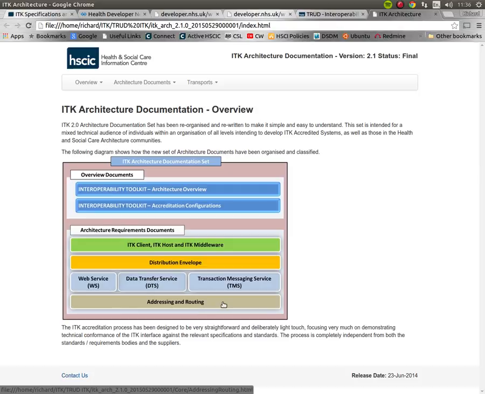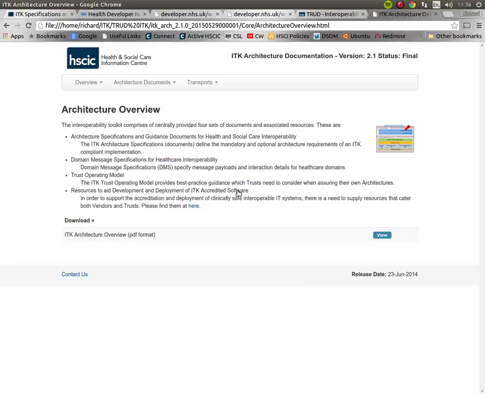I think the reality is that to date there aren't really that many implementations that are using ITK routing. Predominantly, most implementations are point to point. So that's the architecture specification. As I said, I think a good starting point is the architecture overview document.